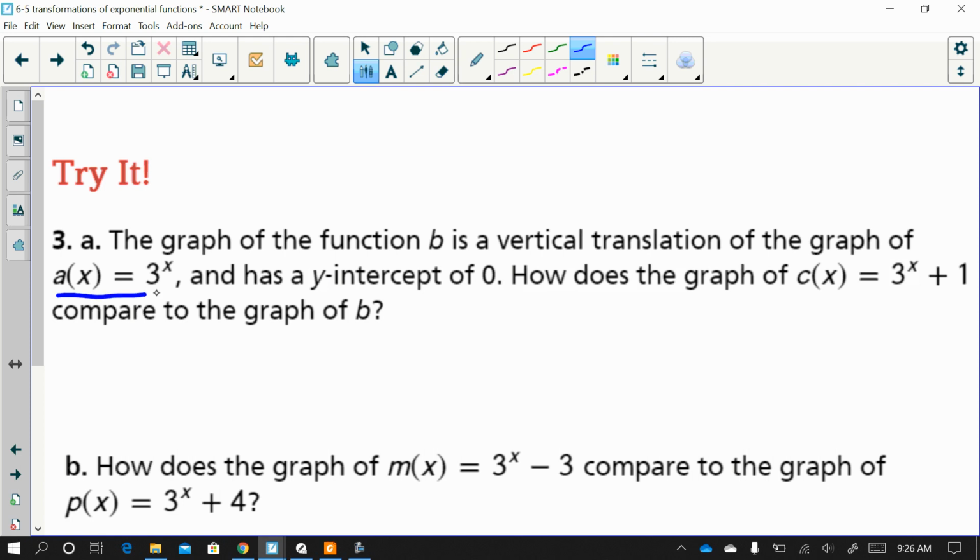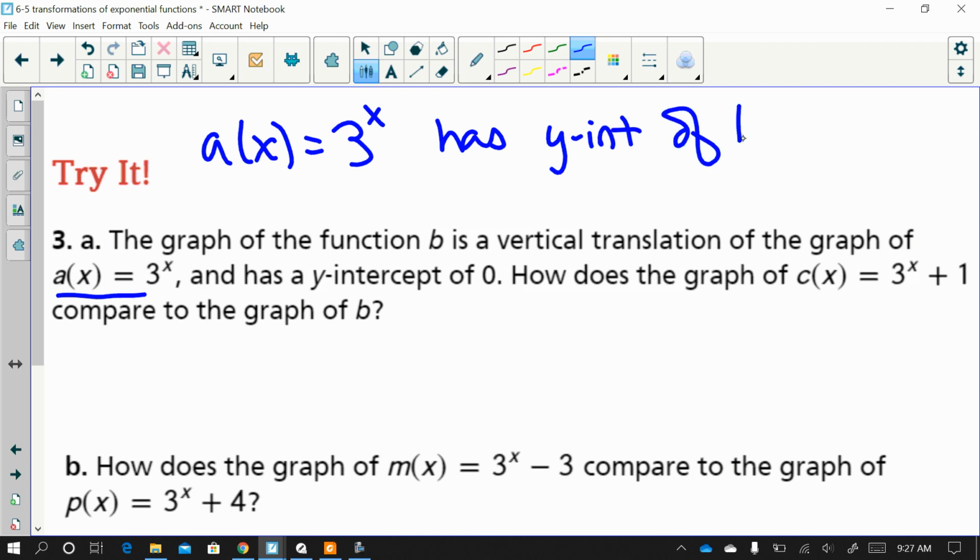So a of x equals 3 to the x. Now this one doesn't have any vertical shifts. All of the time when we have no transformations, our y-intercept is 1. Okay, so a of x equals 3 to the x has a y-intercept of 1. So I know b has a y-intercept of 0.